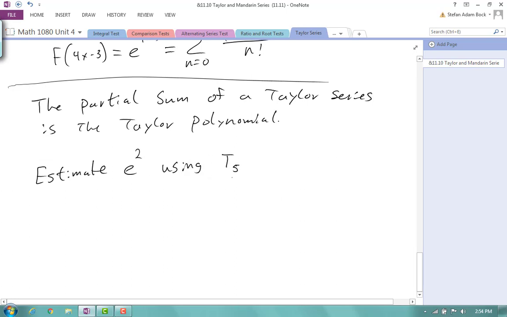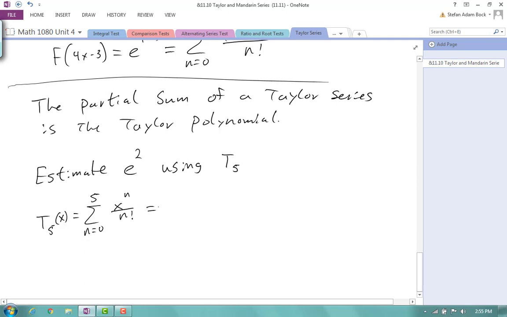So here I'm using the notation T sub 5. And T sub 5 would be the 5th degree Taylor polynomial, or it would be the sum from n equals 0 up to 5 of the Taylor series. So I've been using e to the x. Let me add an x on here. So this would be x to the n divided by n factorial. So actually, let me write this one out.